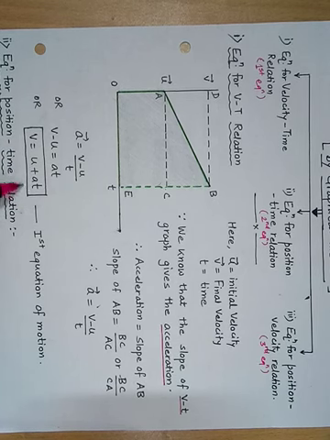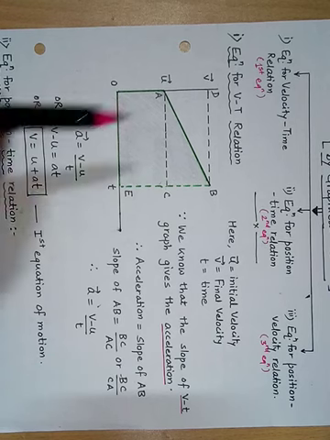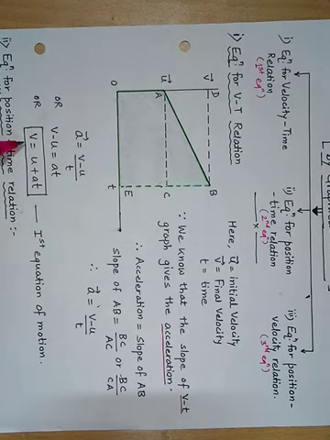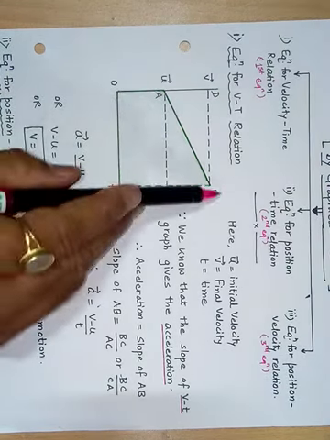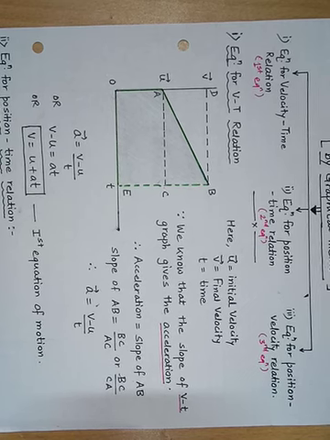This is a very popular equation, known as the first equation of motion, the first equation we derived. It is derived with the help of the velocity time relation, and can be determined with this graphical representation: v is equal to u plus at. So this is about the first equation of motion.